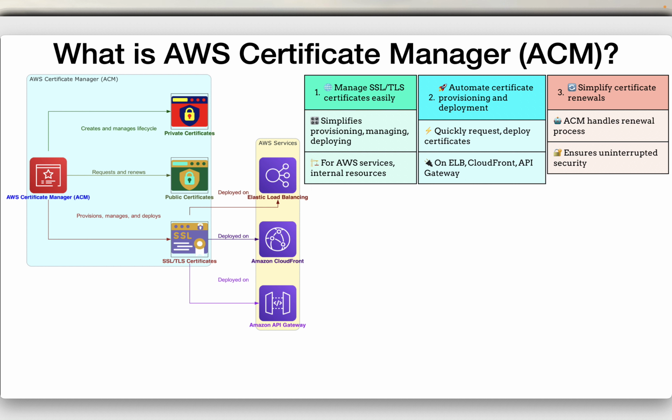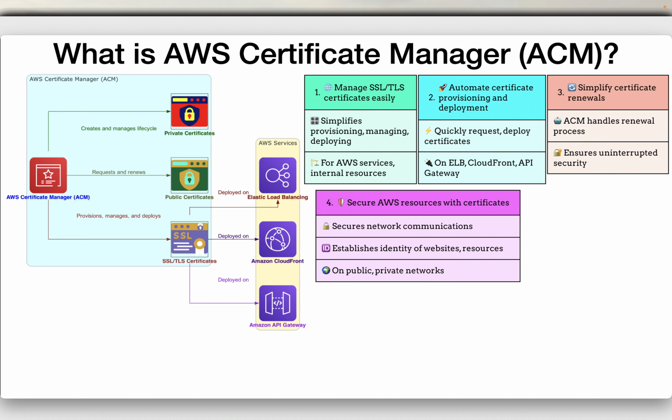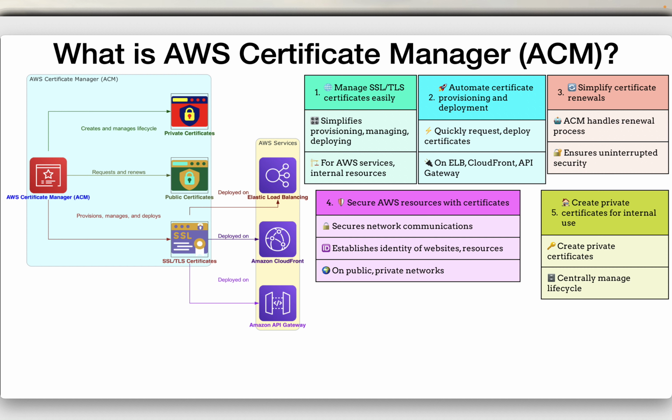ACM handles the renewal process for certificates, eliminating the need for manual intervention and ensuring uninterrupted security. SSL TLS certificates provisioned through ACM can be used to secure network communications and establish the identity of websites and resources on both public and private networks. ACM enables you to create private certificates for your internal resources and centrally manage their lifecycle.